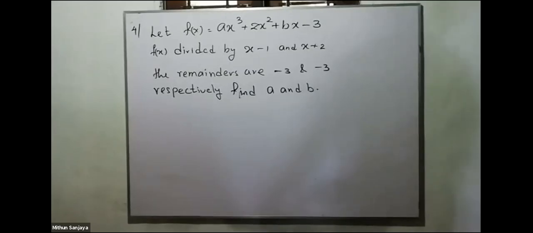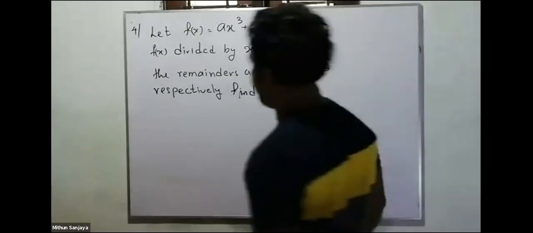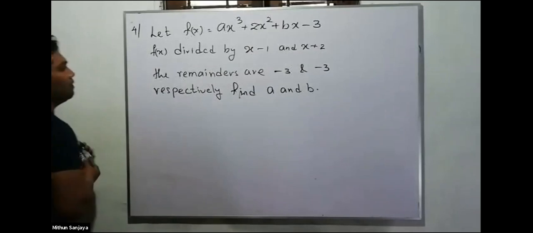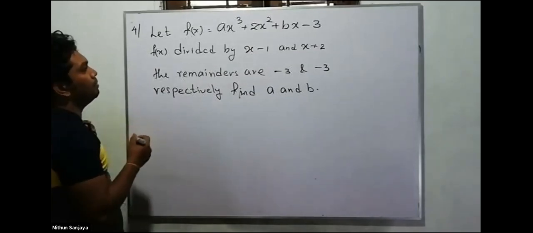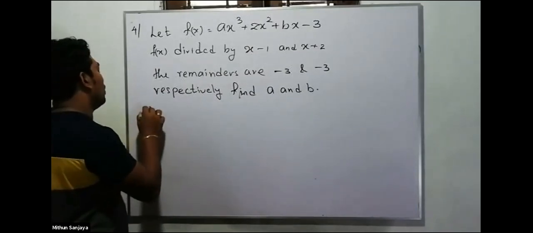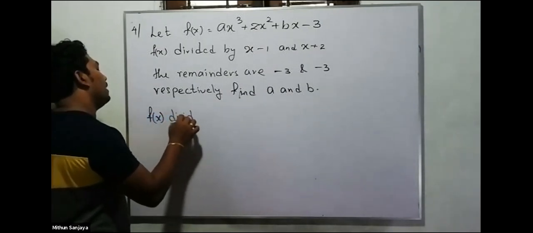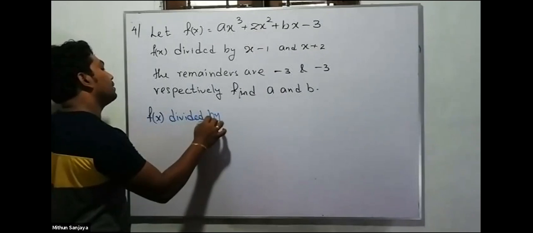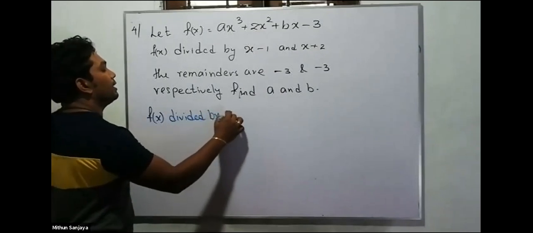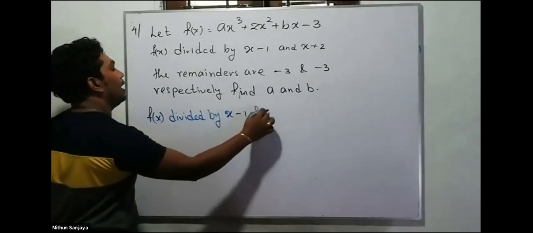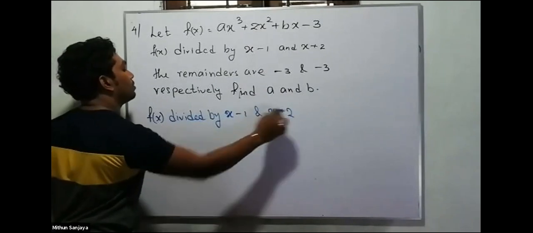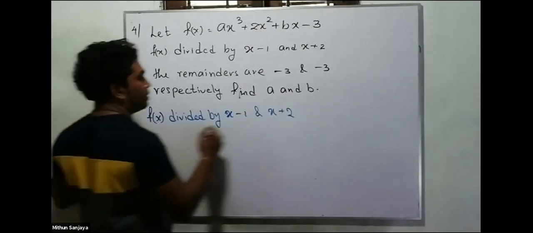Okay, right. Let's say here we can write the theorem together. f(x) divided by x minus 1 and x plus 2.